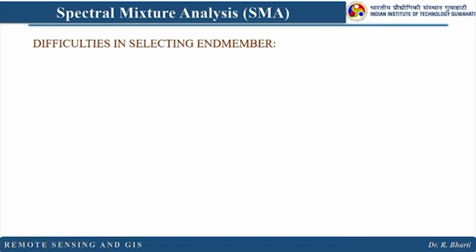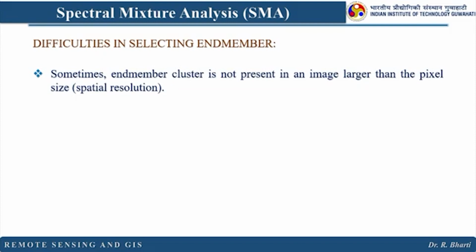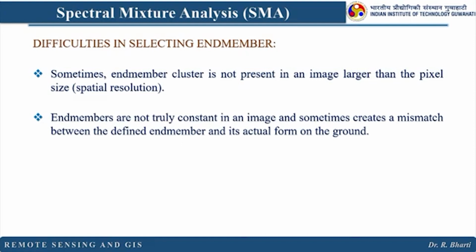Now what are the problems we face in selecting these end members? Sometimes the end member cluster is not present in an image larger than the pixel size, so the spatial resolution plays a significant role here. End members are not truly constant in an image and sometimes create a mismatch between the defined end member and its actual form on the ground. Non-linearity due to shadow or maybe because of their arrangements.